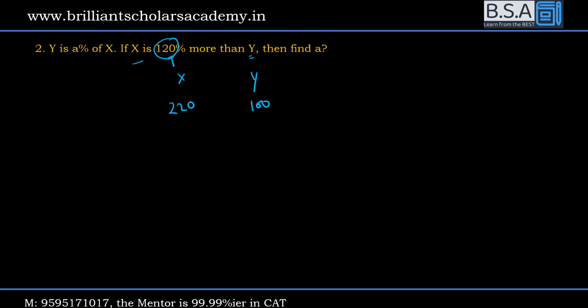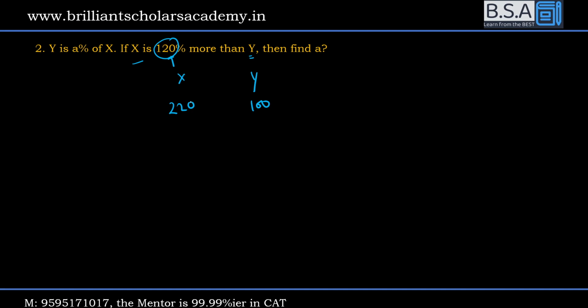Do you agree with this? Anything which is extra on 100 is a percentage increase. If Y was equal to 100 and X was equal to 110, that is 10 percentage increase. If Y was equal to 100 and X was equal to 120, that is how much increase? 20 percentage increase. Anything that is extra on 100 is a percentage, that's all.